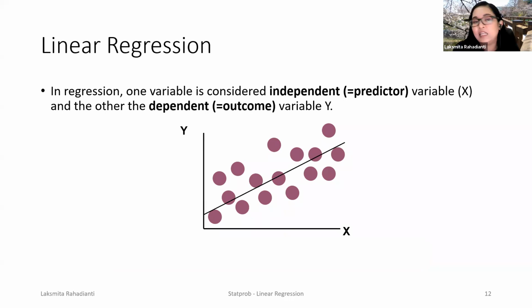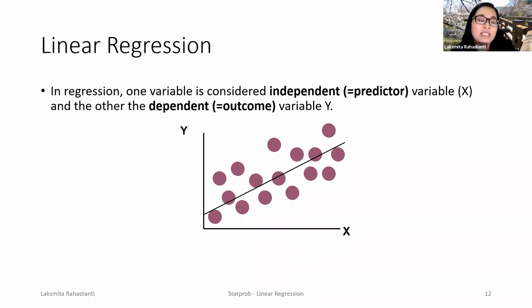However, in linear regression, so previously we had linear correlation. So here in linear regression, we put some weight to these different variables. So instead of assuming that X and Y are equal, we assume that one of them is an independent or a predictor variable, like the cause and effect.